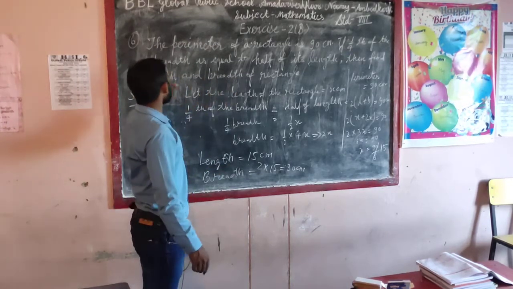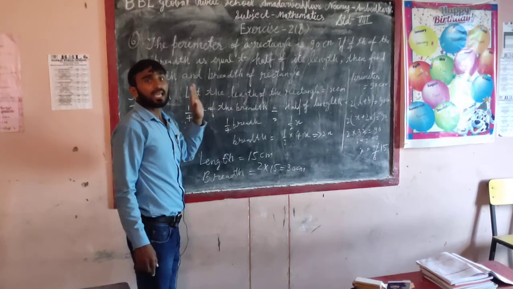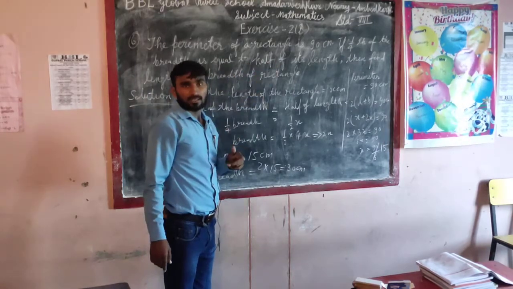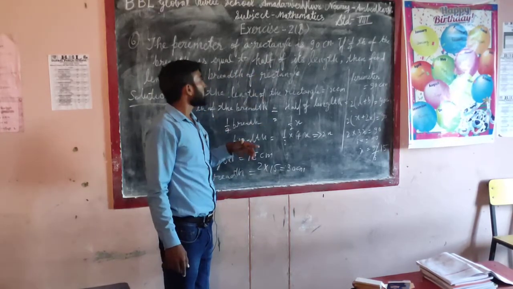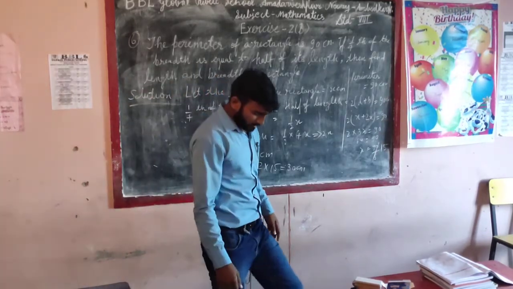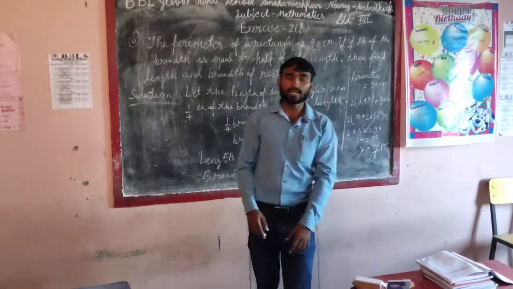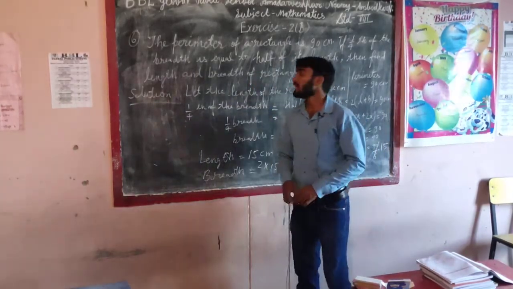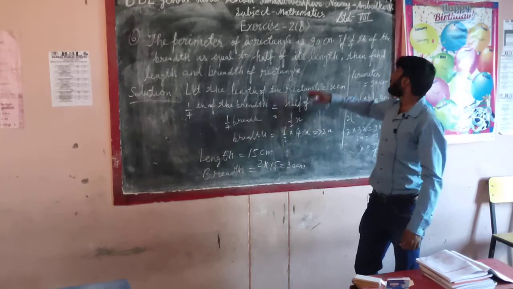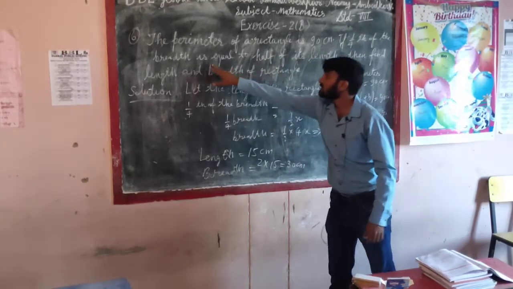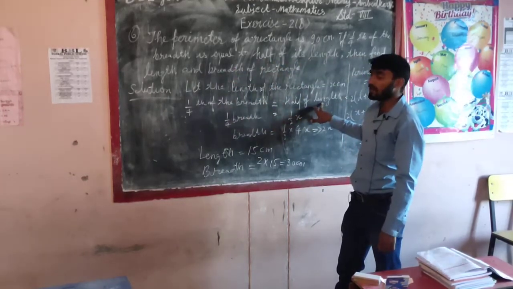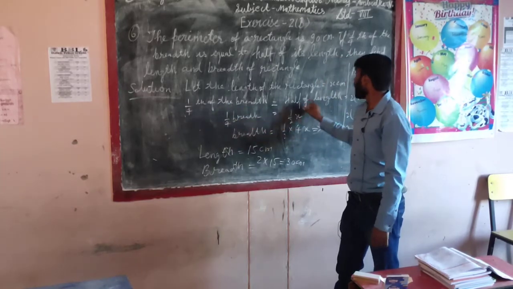If 1/4 of the breadth is equal to half of the length, then find the length and breadth of the rectangle. Let the length of the rectangle be x centimeter. Then 1/4 of the breadth is equal to half of the length.